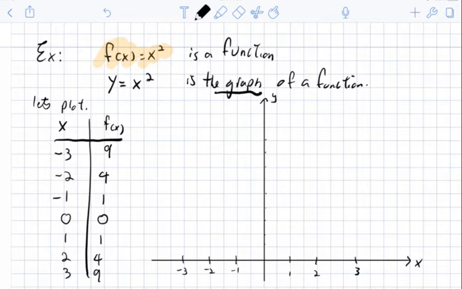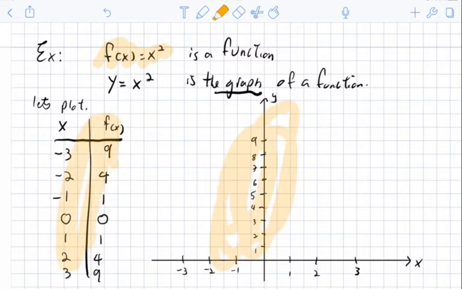So how do I go from this into drawing this? It's actually a little bit easier than you might suspect.